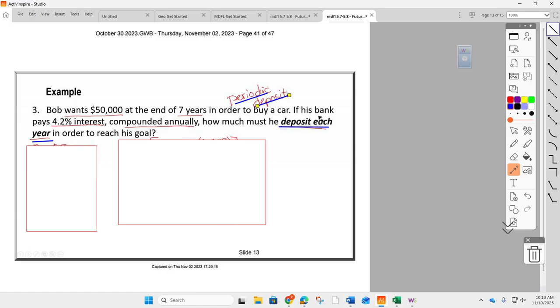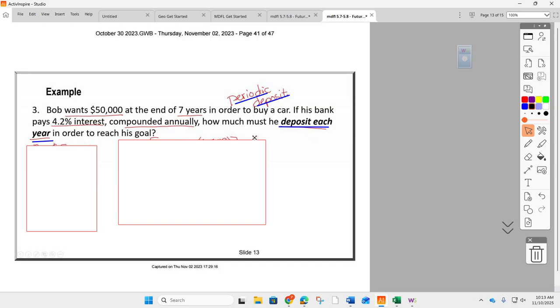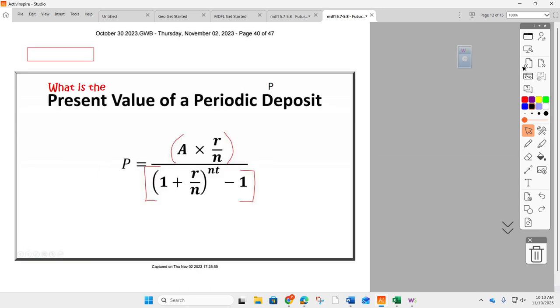That's our unknown. So we have to use a formula that starts with P equals. There are several P equals, but at least you know it's not one of the A equals formulas, right? So he wants it to be $50,000, so that's his A. We don't know how much he wants to deposit. That's what we're looking for. That's why we're going to use this formula that is solved for P.